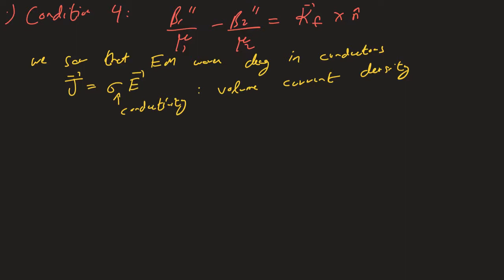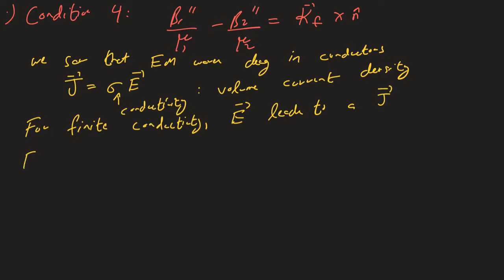So for any finite conductivity, E leads to a current density. For infinite conductivity, E can lead to K, where K is surface current.